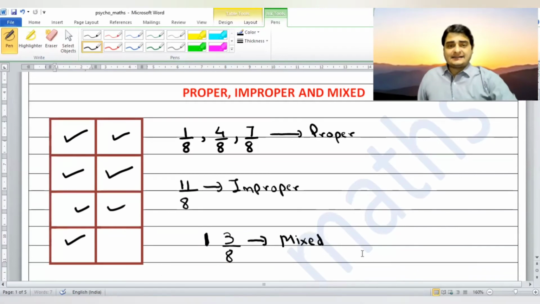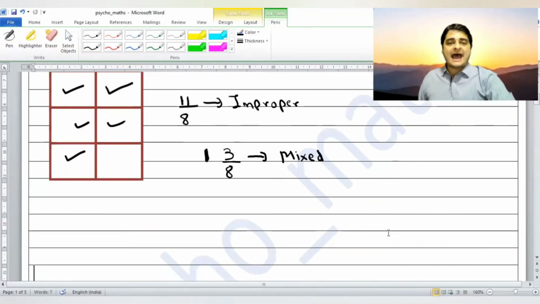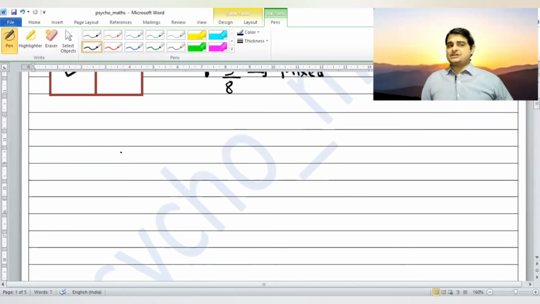Students, I hope this is very clear to each and every one of you, what proper, improper and mixed mean. So, let us take a few questions to classify which is proper and which is improper. And secondly, students, please keep in mind that improper fractions are converted into mixed.